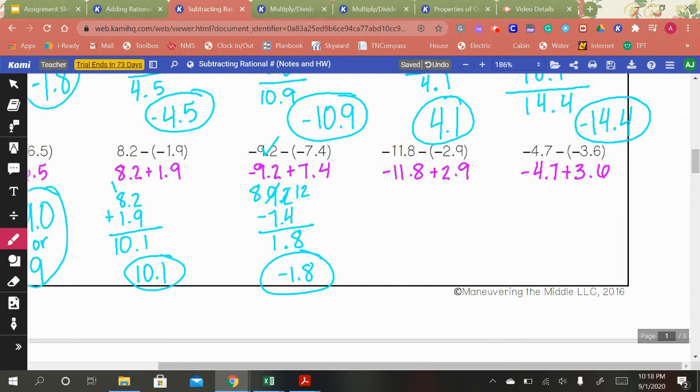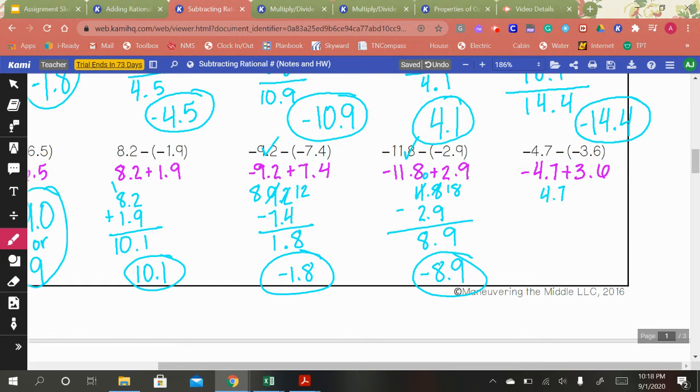Scrolling over, opposite signs, we are subtracting. 11.8 minus 2.9. We will be borrowing. And then we have 10 minus 2 is 8. 8.9, and it will need to have a negative sign because the negative number has the greater absolute value in this situation.